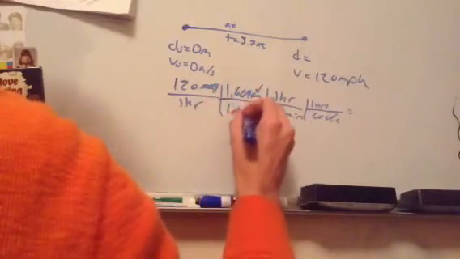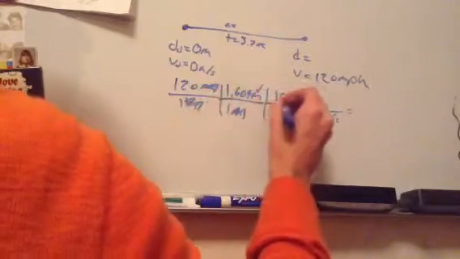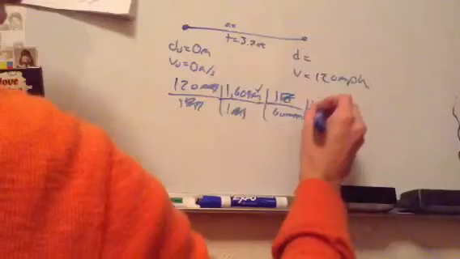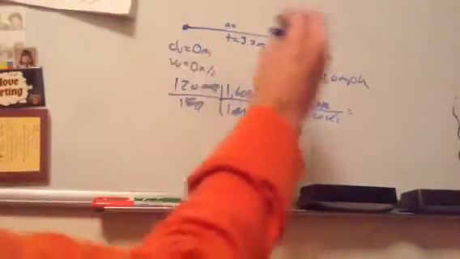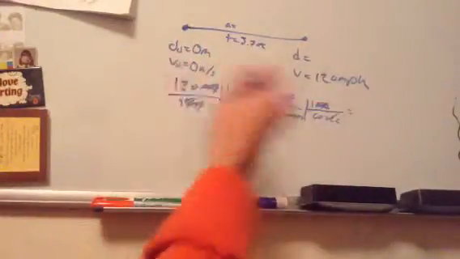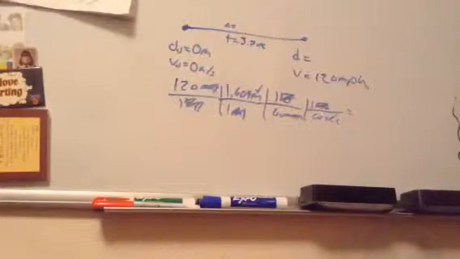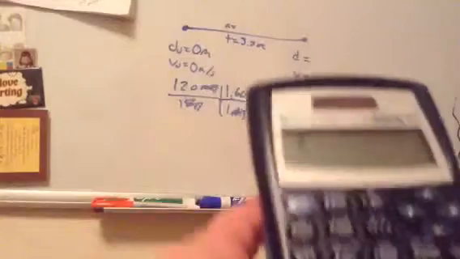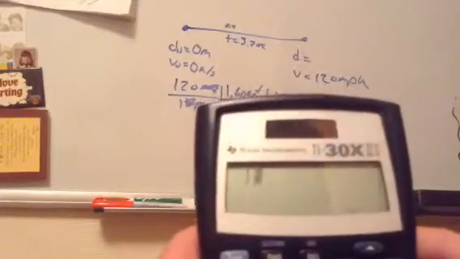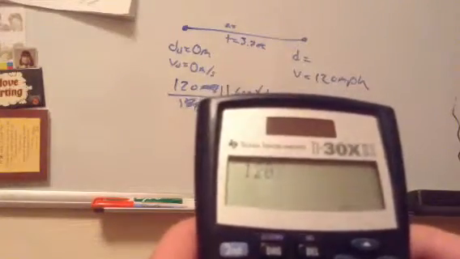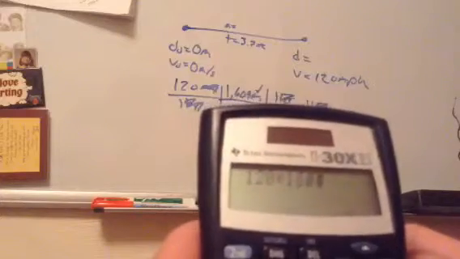I like to cross out the other units because sometimes they're just going to get in the way of trying to look at your numbers. So now everything on the top, multiply it together, divide it by everything multiplied together on the bottom. Here's how you do that in the calculator. Pretty easy. You're just going to take 120 times 1,609.